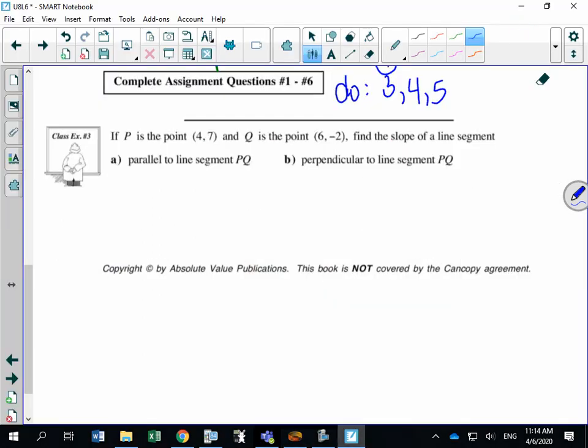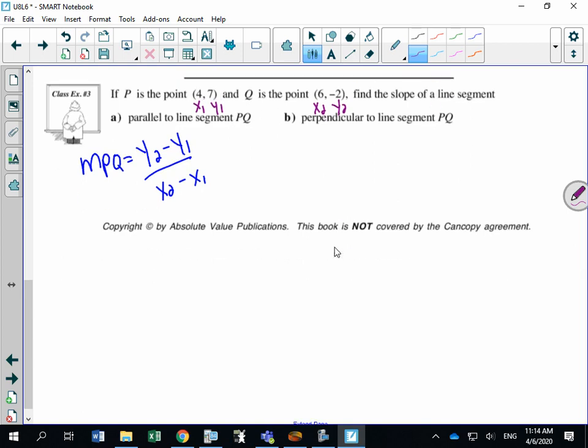Okay, so slope of PQ. From the last lesson, the formula for slope is y2 minus y1 over x2 minus x1. So if you're given 2 points, this point is x1, y1, this point is x2, y2, and let's figure out the slope of PQ.